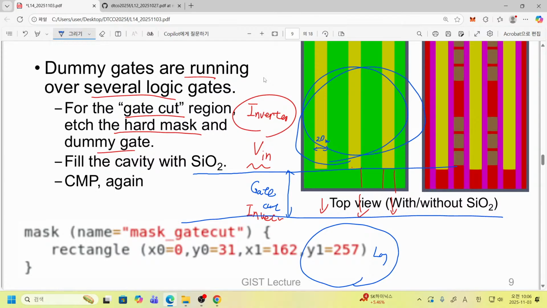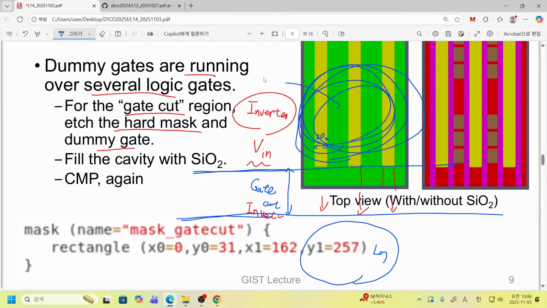So where can you find the real device? Only here we can find the real device, and any interesting thing occurs only here. However, unfortunately, we must isolate each logic cell, so we must introduce some buffer between them for isolation. So this is required.